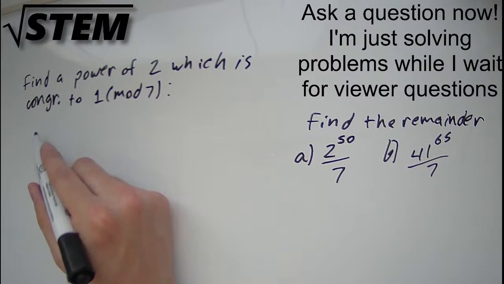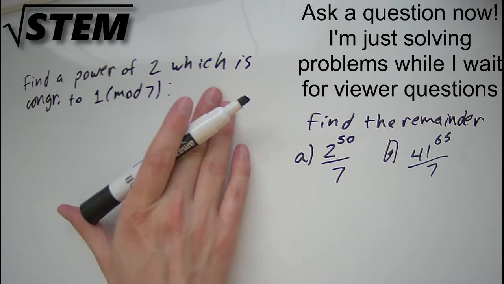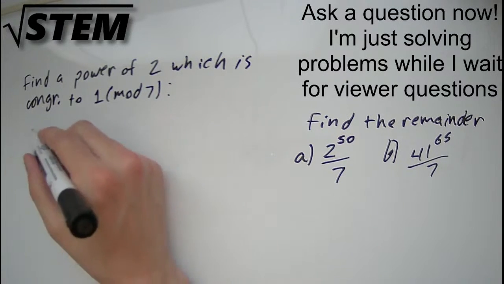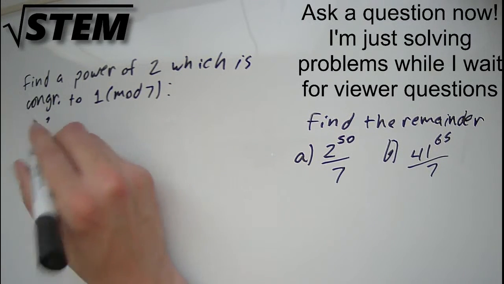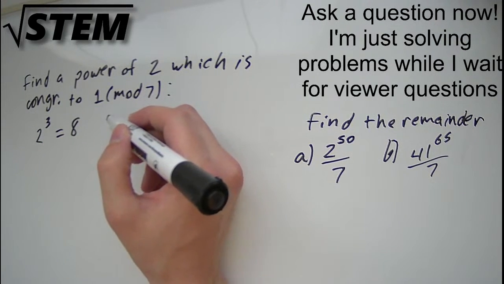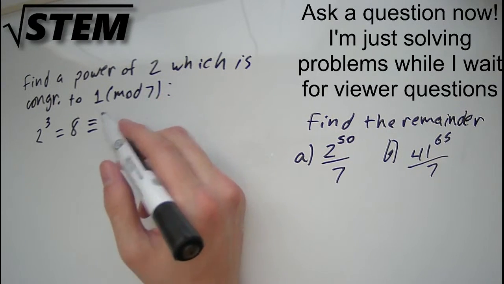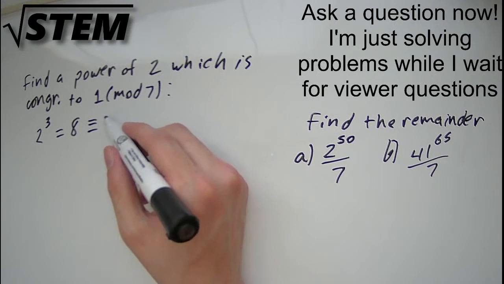So 2 itself is not congruent to 1, it's congruent to 2 mod 7. 2 to the 3rd power is 8, which mod 7, divided by 7, the remainder of 8 is 1.